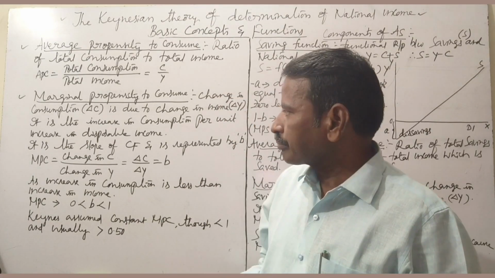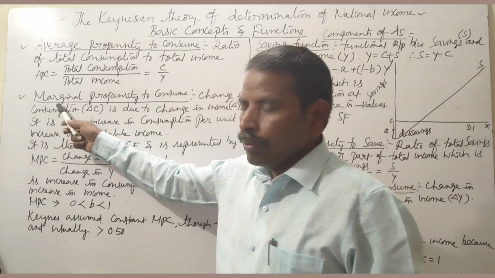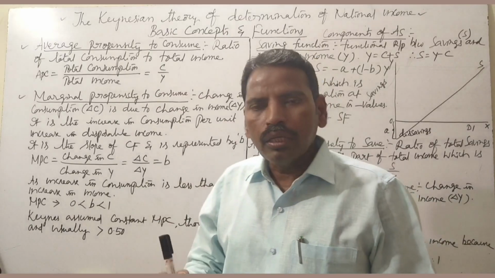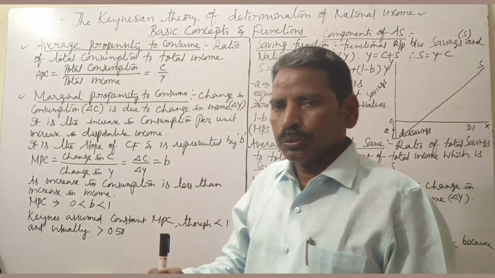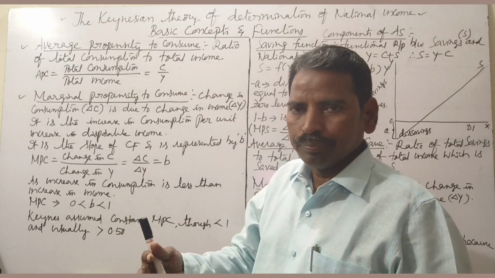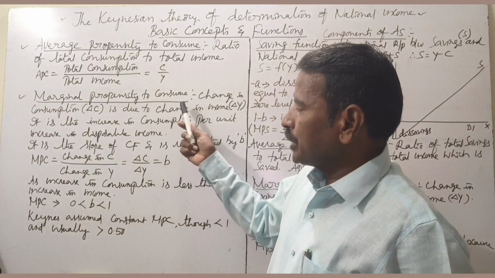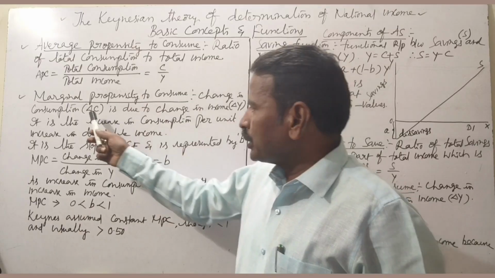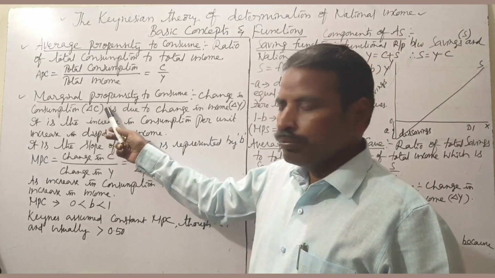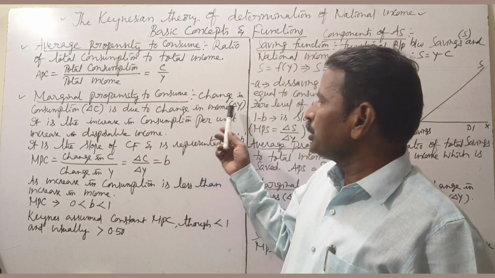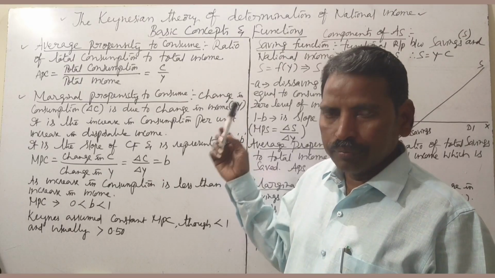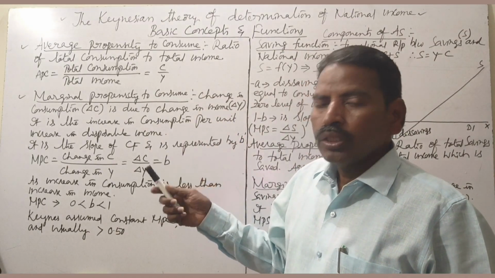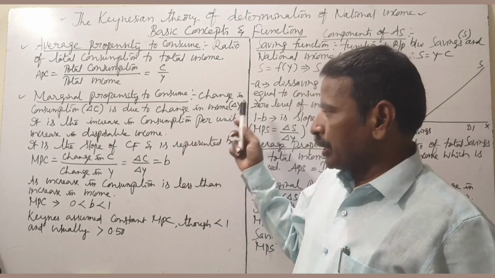Next, another one is marginal propensity to consume. Marginal means additional. MPC, marginal propensity to consume. The change in consumption, that is delta C, is due to change in income, delta Y. MPC means the change in consumption due to change in income.